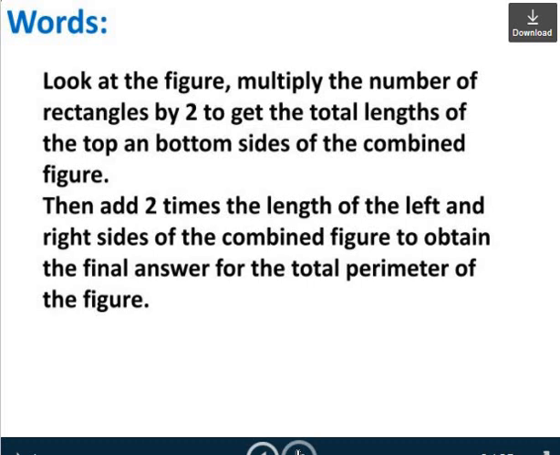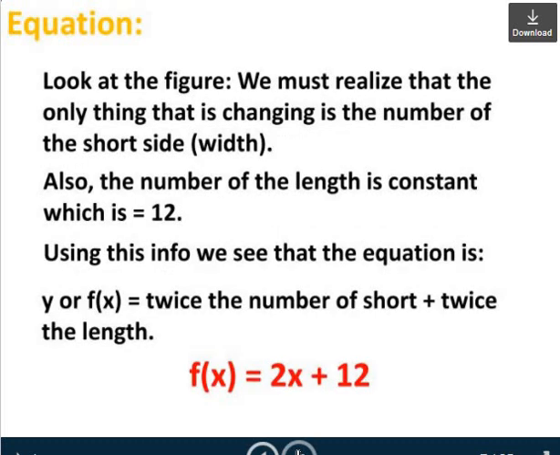Now, as we said, if I'm looking for a relationship between x, which is the number of the rectangles in every shape, and the y, the output, which is f(x), how can we find the function?